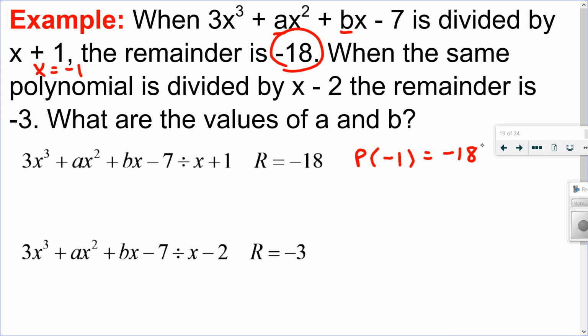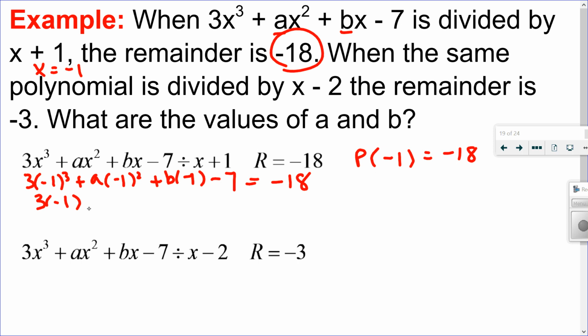Okay, so what this tells me is that 3 times negative 1 cubed plus a times negative 1 squared plus b times negative 1 minus 7 is going to equal the remainder, which is negative 18. So I have 3 times negative 1 plus a times positive 1 minus 1 times b minus 7 equals negative 18.